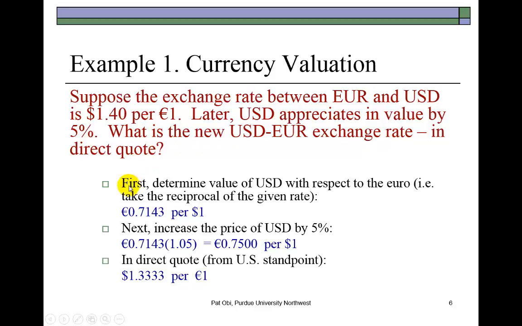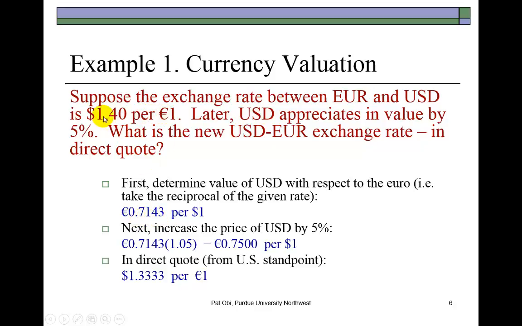Keep in mind, if you need to find if an asset has gone up in value, the first thing you want to know is the original price. Here the original price is not $1.40. You can't price a currency in itself. You have to find what people are paying to buy one US dollar. In euros, it comes out to 0.7143.